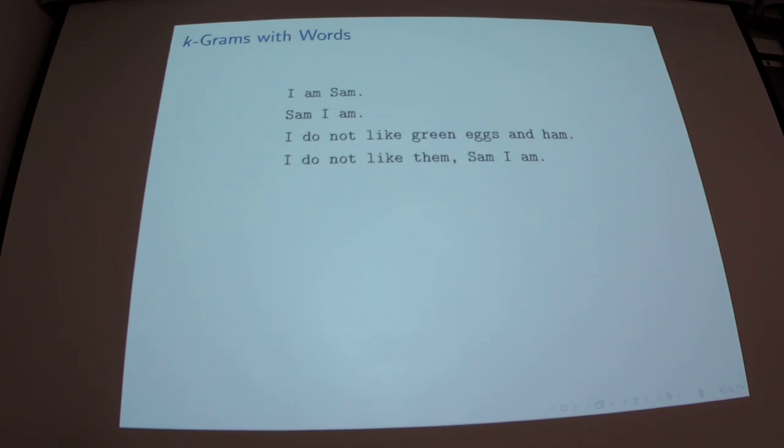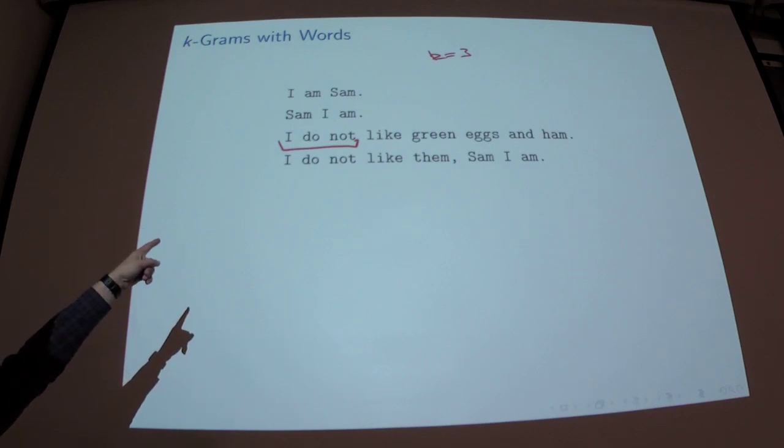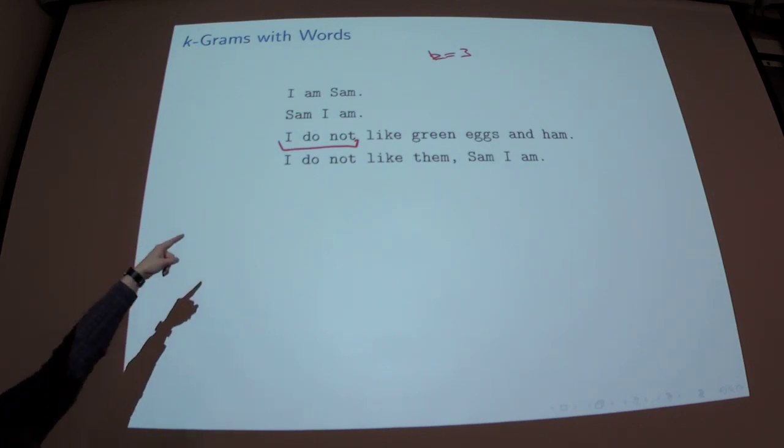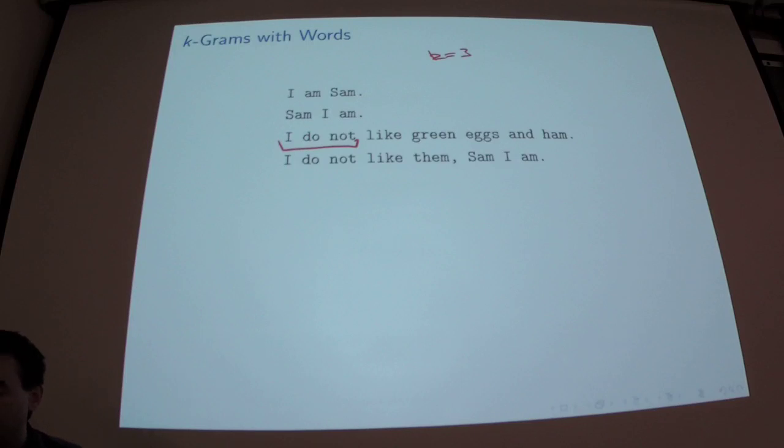What a k-gram is going to do is look at these consecutive sets of words that are strung together. So if I look at k equals 3, it means a group of 3 words together, and so "I do not" would be one string of 3 words. And that string occurs both in the first and the second sentence.